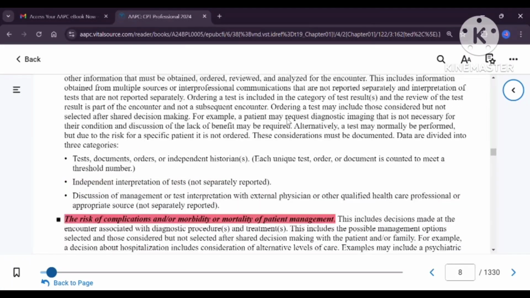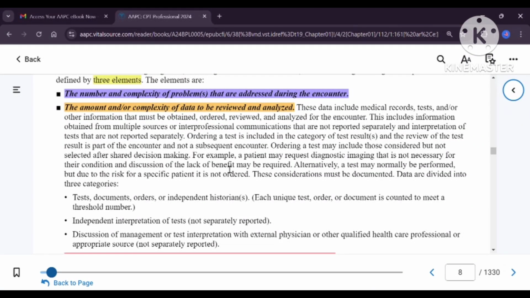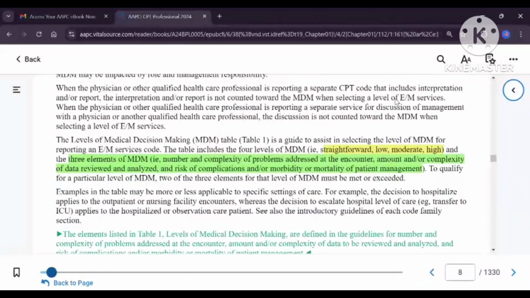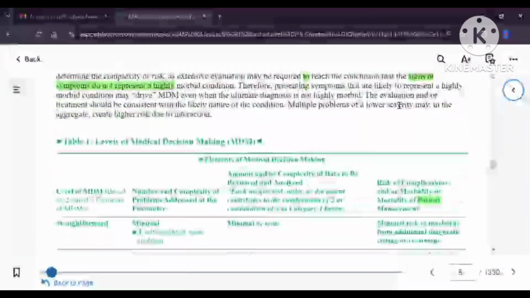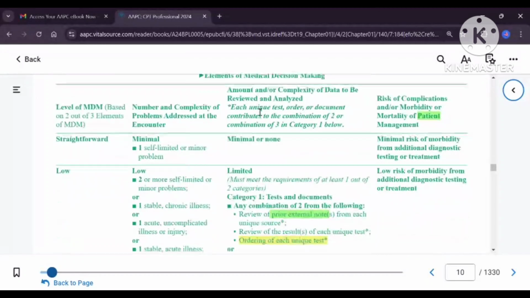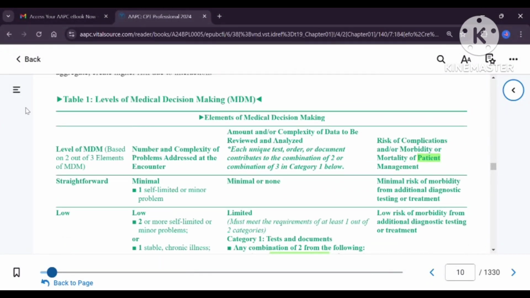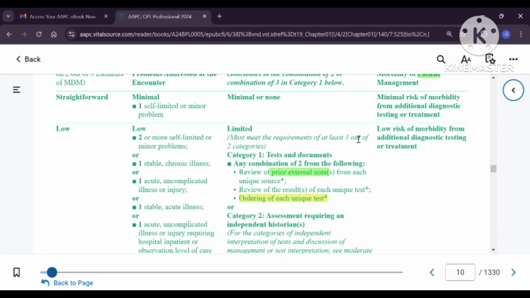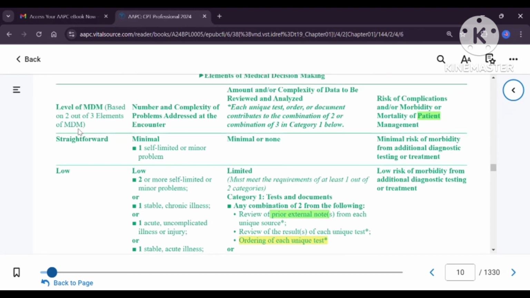So all these 3 things will help you to find out the level of MDM. I'll explain them one by one with the help of a table that is seen below this MDM chapter. You can see here, there is a table in your book, levels of medical decision making, MDM, elements of medical decision making. And in this table, you can find all the 4 levels of MDM and also the 3 elements which will help you to find the level of MDM.